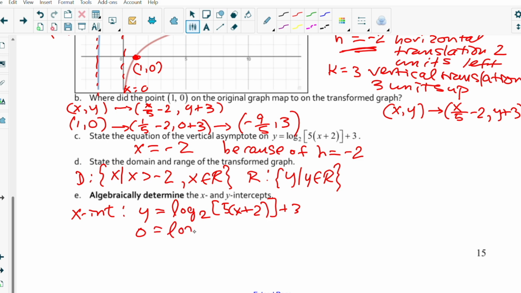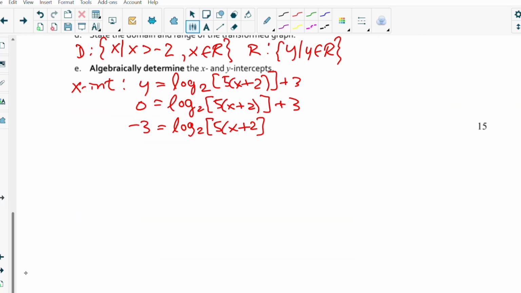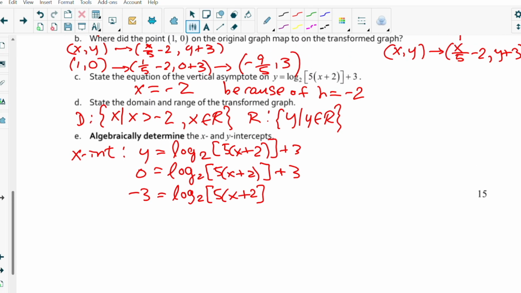I get log base 2 of 5 times (x plus 2), plus 3. Let's subtract 3 from both sides. Okay, folks, I'm going to convert my logarithmic form into an exponential form. So take the base, apply the exponent, and then the argument is the result.